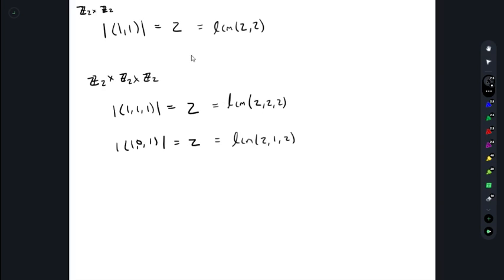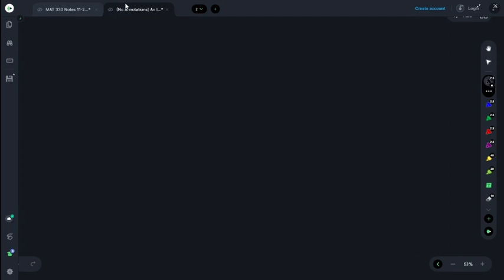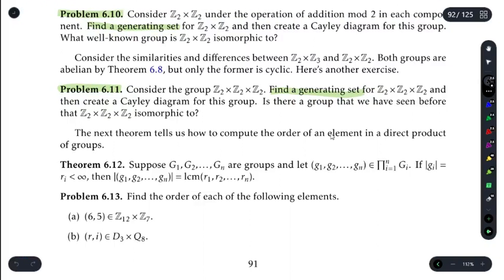And so it's the least common multiple. The first time that all of these wrap back around to the identity depends on that least common multiple. That's where we get Theorem 6.12 that you already wrote down. So let's go back over to that real quick. Suppose that G1, G2, all the way up to Gn are groups, and let little g1, little g2, little gn be in that direct product.